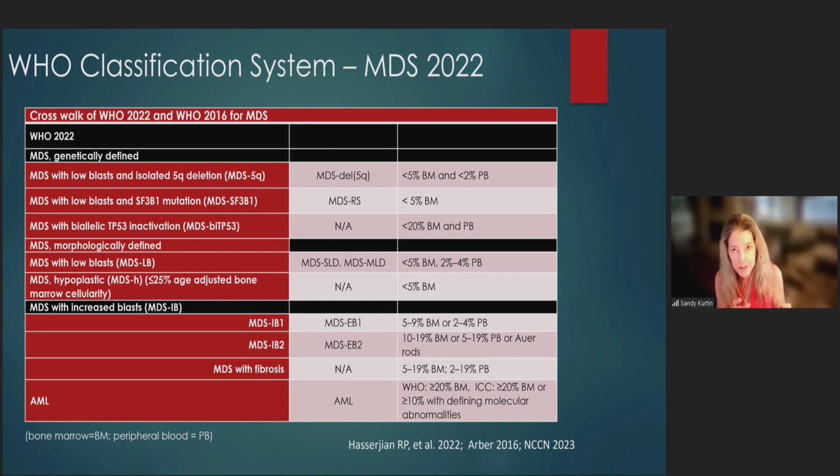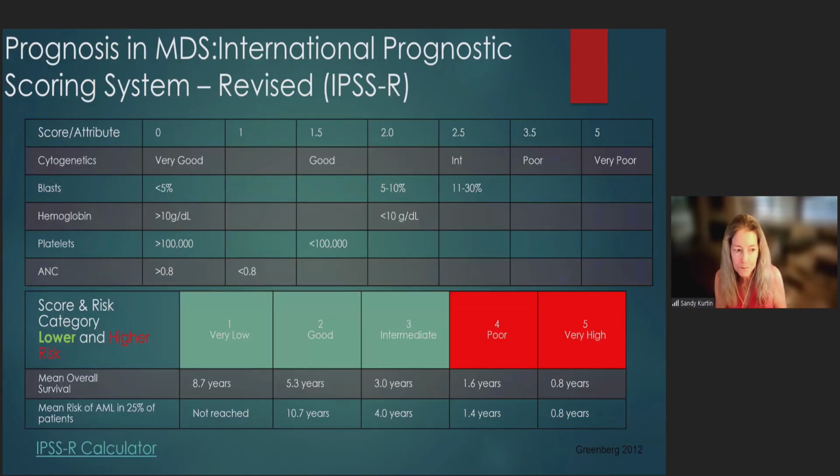And so this is emerging out of that MDS-MPN crossover nomenclature. And then AML is now defined as still 20% bone marrow blasts, or in the new system, this international consensus group, greater than 20% bone marrow blasts or greater than 10% with defining molecular abnormalities.